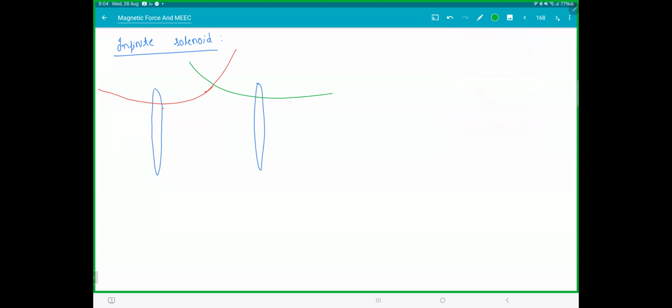So if you look at the middle, look at this thing. The field lines are going like this. These field lines are going like this.